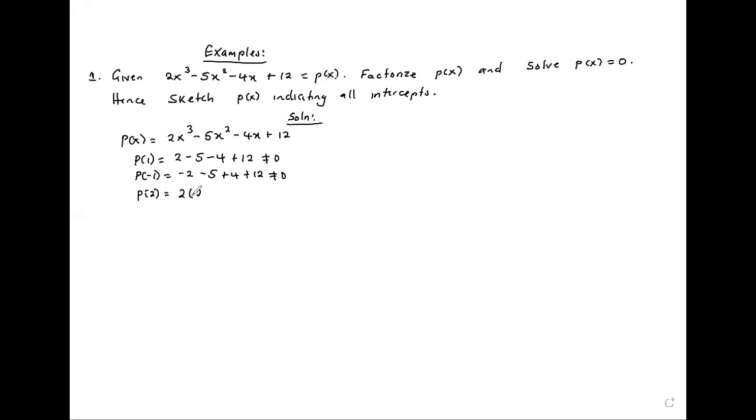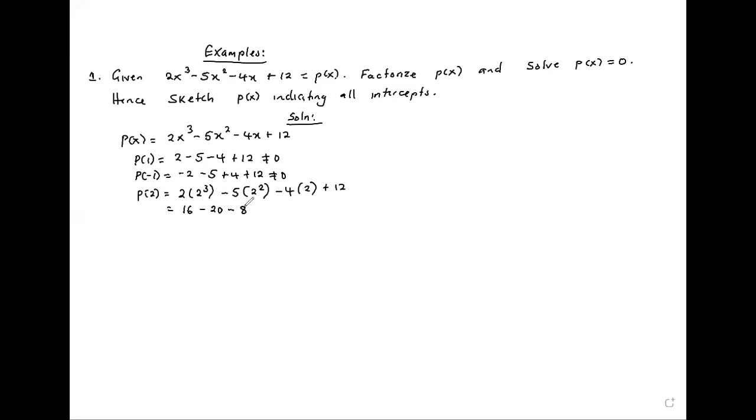We get 2 times 2 cubed minus 5 times 2 squared minus 4 times 2 plus 12. So what do we get here? 2 cubed is 8. 8 times 2 is 16. Minus, 2 squared is 4. 4 times 5 is 20.